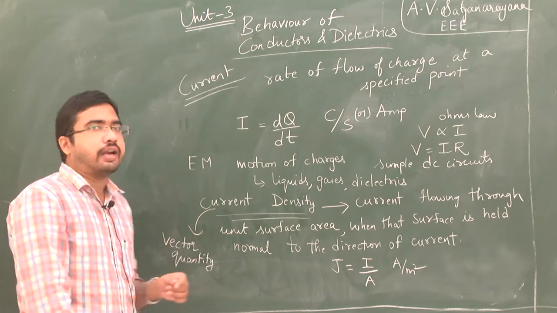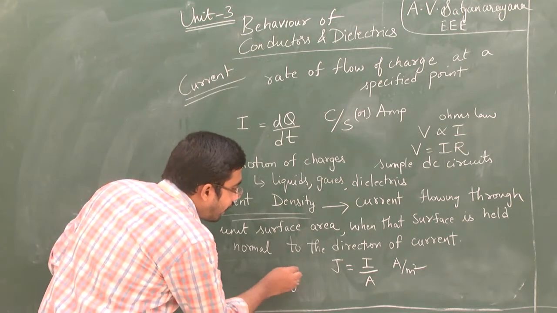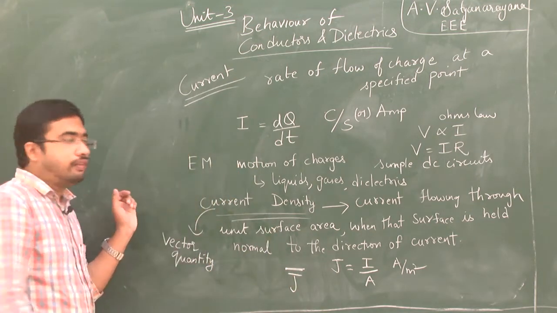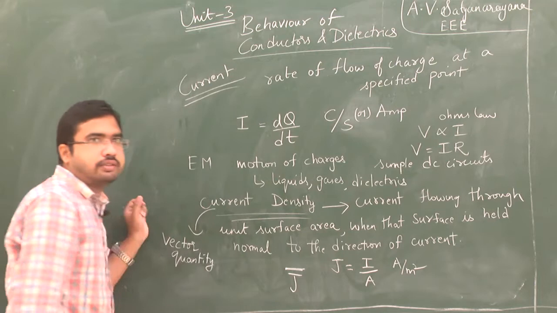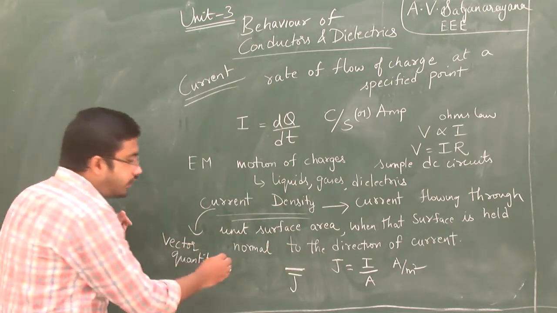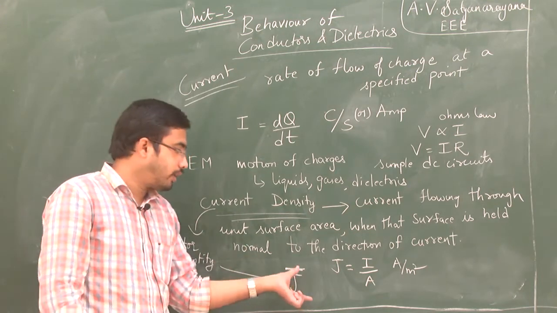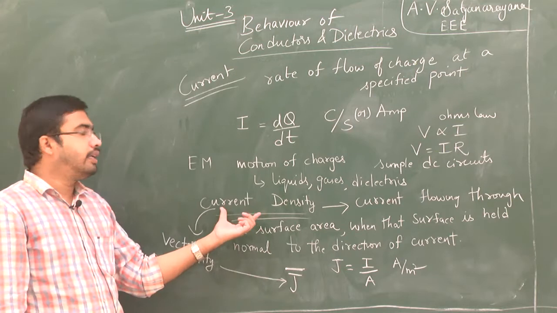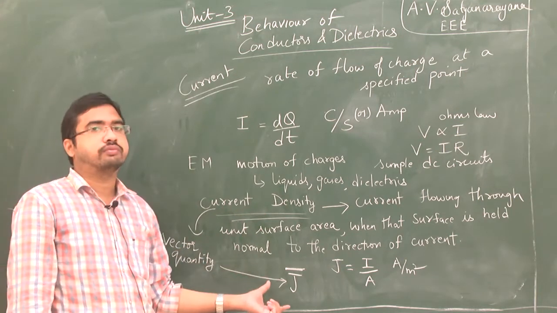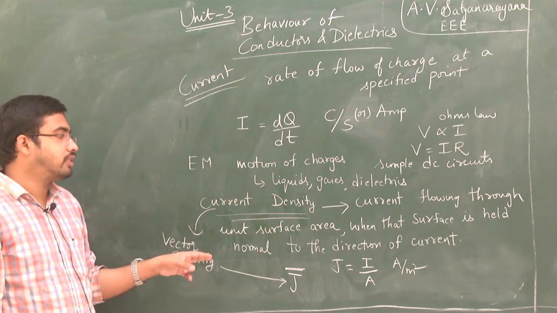For a vector quantity, generally we denote it with a bar. If you mention only magnitude, then it is enough to write J. But if you mention it as a vector, then you should represent it with J bar. Okay, J bar is the current density in vector form. So this is the information about current density.